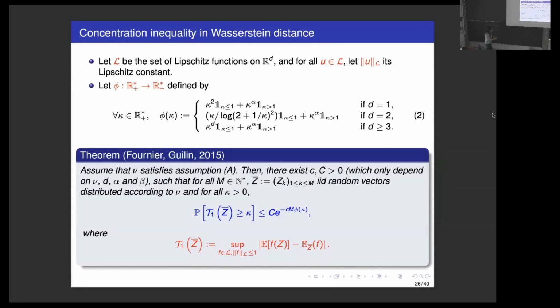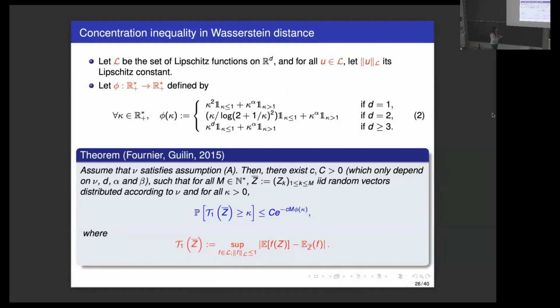T1 of Z bar is defined as the supremum over all Lipschitz functions with Lipschitz constant lower than 1 of the error between the exact expectation of f of z and its empirical mean associated to the collection of samples Z bar, taken at absolute value.